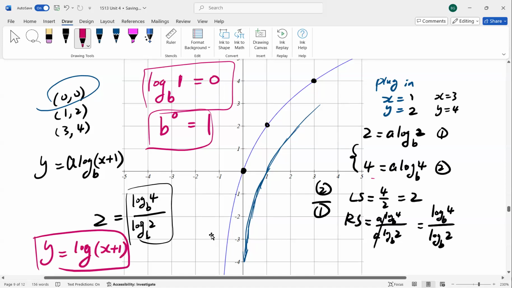When x equals 1 it is 2. So the base is going to be b to the power of 2. One comma 2.